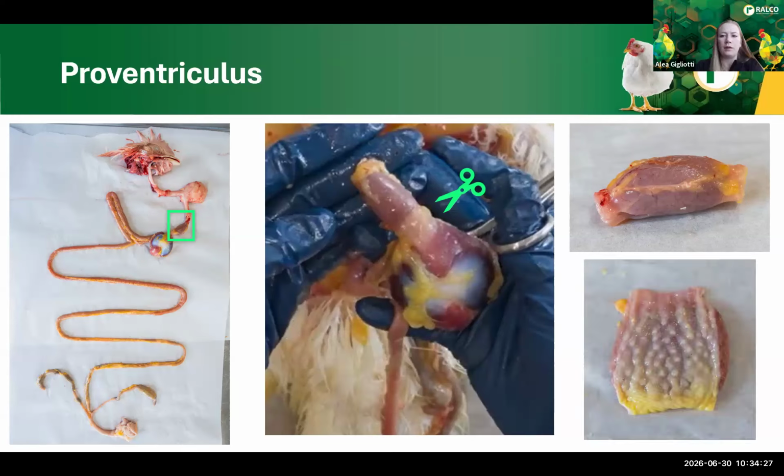So when you cut lengthwise on this organ, you can look at that inner membrane, and it should look pretty similar to this picture in the bottom right. Homogeneous in color and a pretty pale pink. Sometimes you can have some pale yellow, depending on, again, how much fat is present, maybe some dietary assumptions there as well.